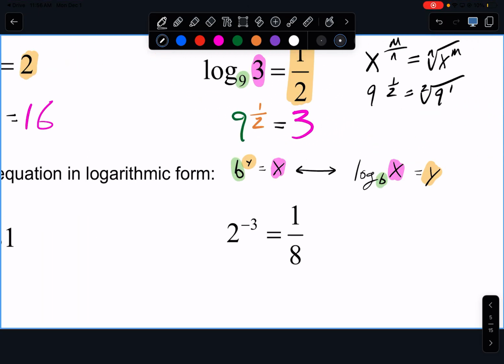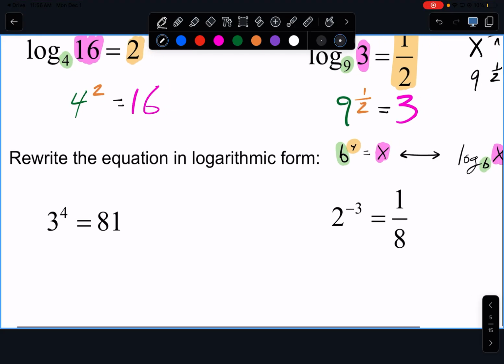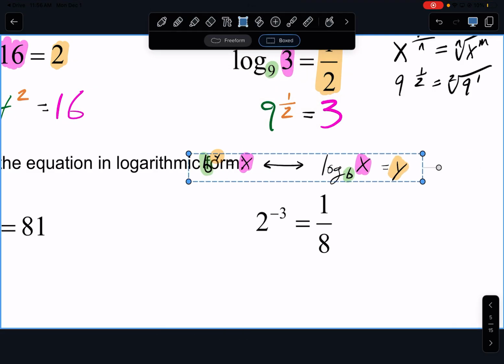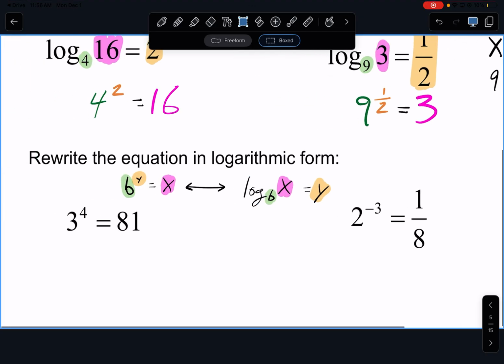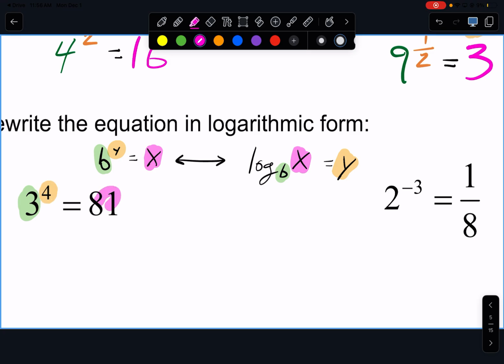Now the next one we're going to write in logarithmic form. So we're going to use the same little cheat sheet. I'm going to move it over here so we can see it. In this case, my base is the big one, my orange, and my pink. So we want to write this in log form.